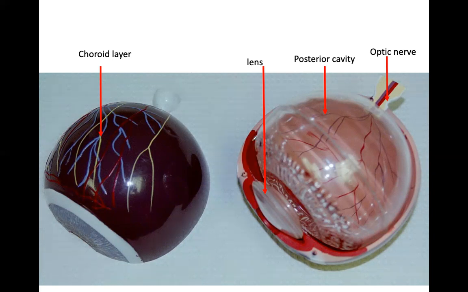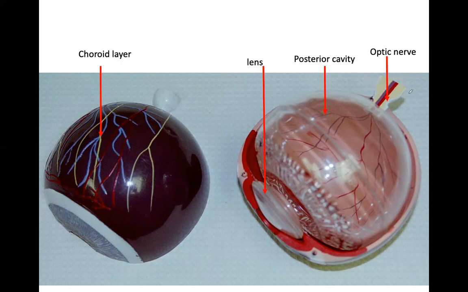Now, if I remove the choroid layer, which is the second layer, what I will have inside is this really open, large cavity, which is called the posterior cavity. Again, if you recall from your lecture, this cavity is filled with a gelatinous solution called the vitreous humor, and it helps maintain the shape of your eye.